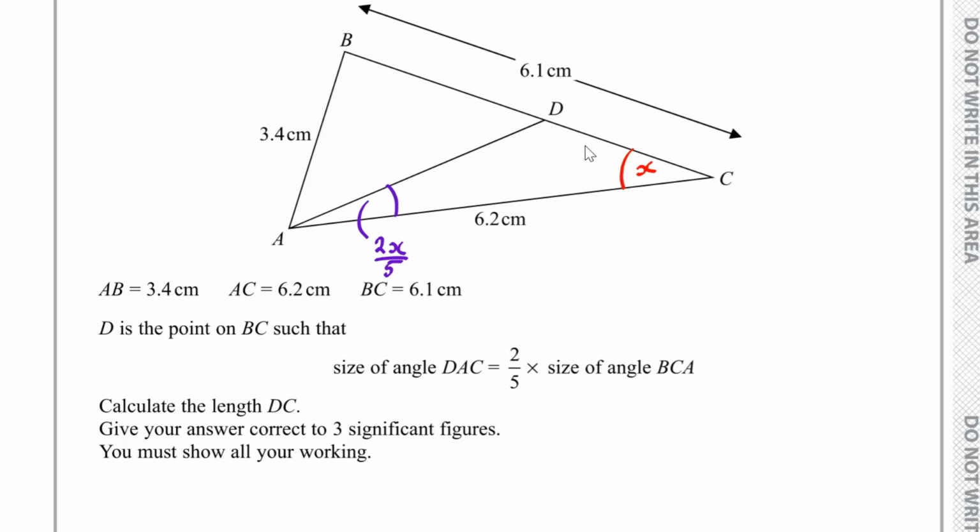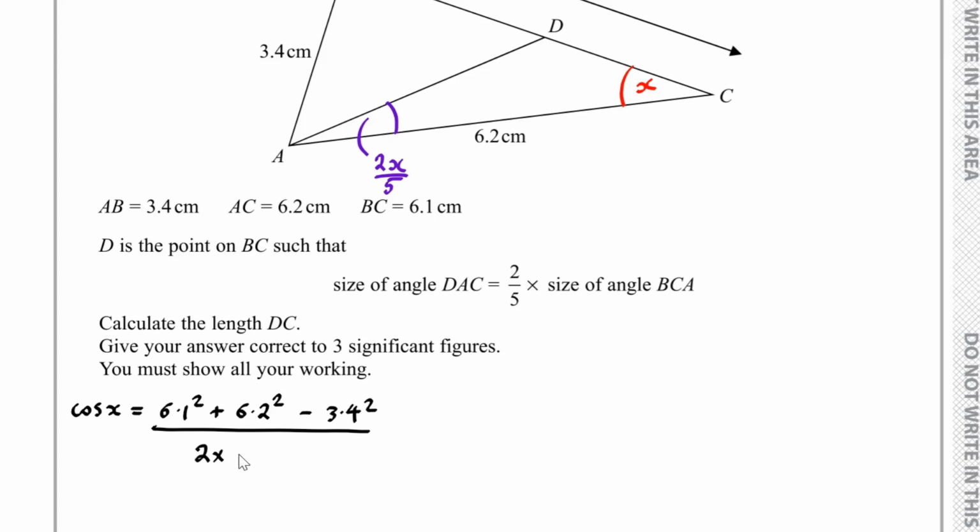So for that I need to use the cosine rule. So for the cosine rule, cos x is going to equal 6.1 squared plus 6.2 squared minus 3.4 squared divided by 2 times 6.1 times 6.2.